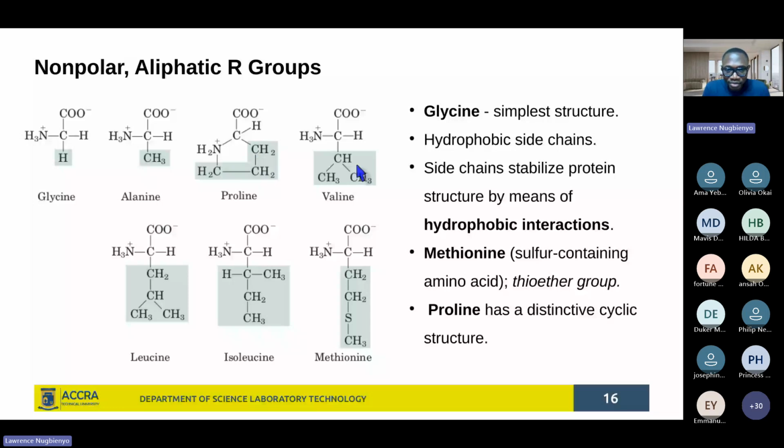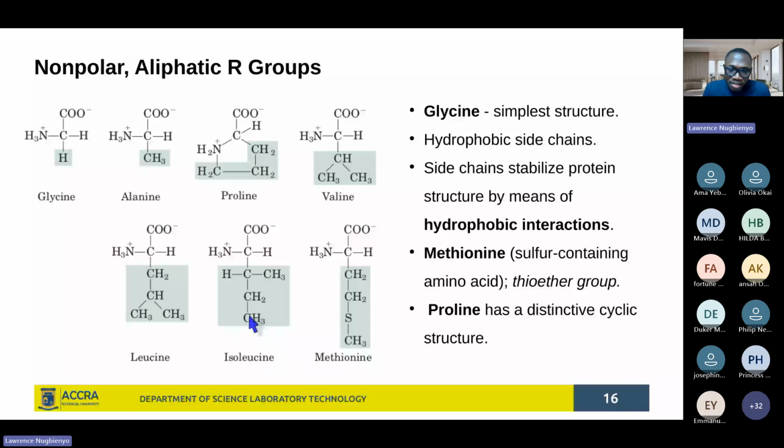Valine, you see also more carbons added on that alpha carbon. All of these are non-polar side chains. Leucine, isoleucine, they are all aliphatic or non-polar side chains.